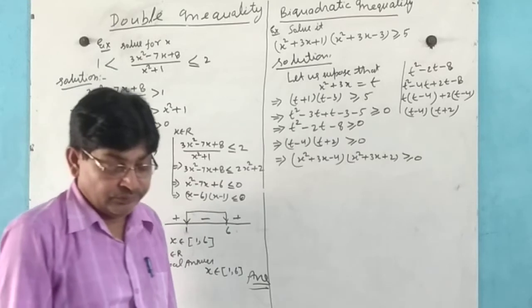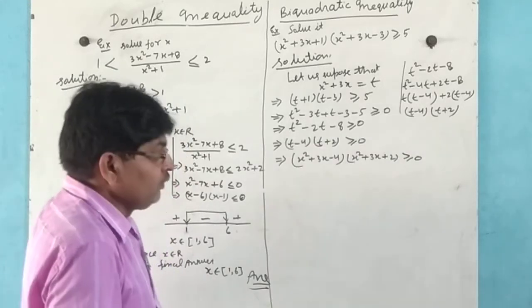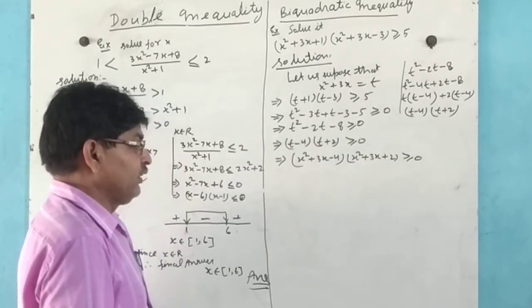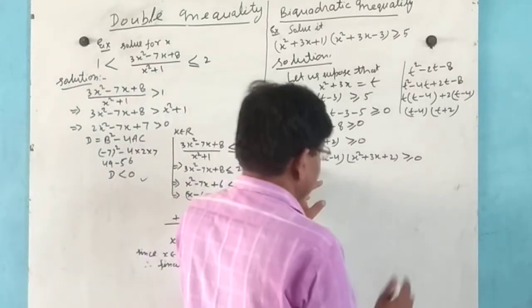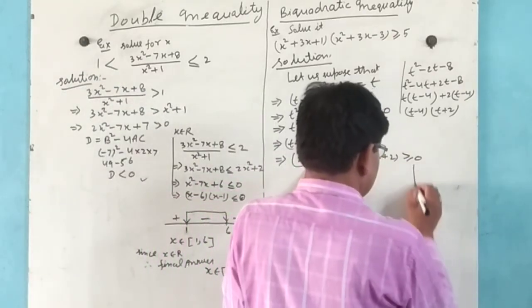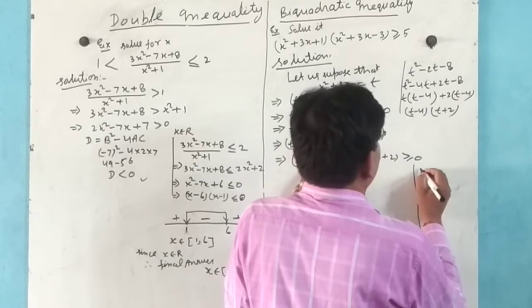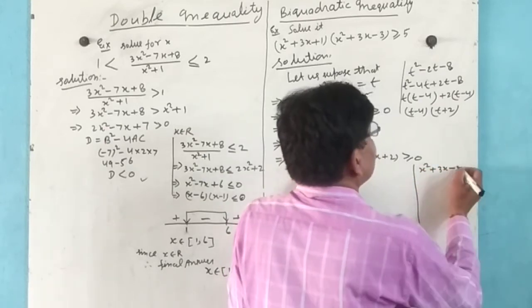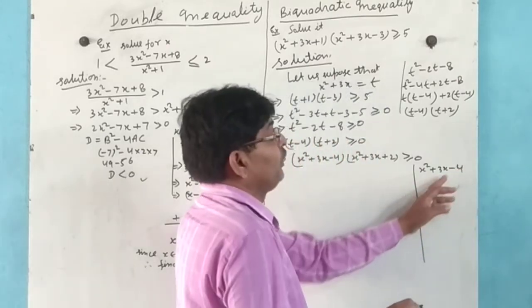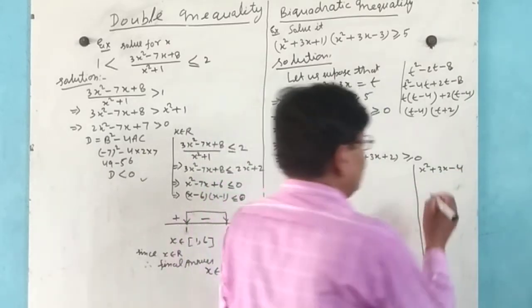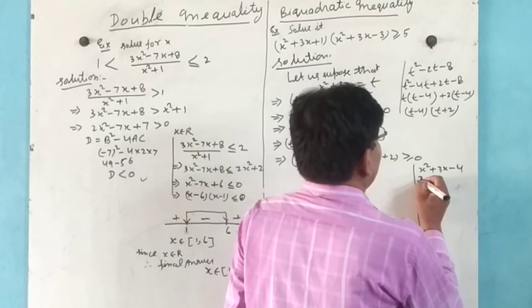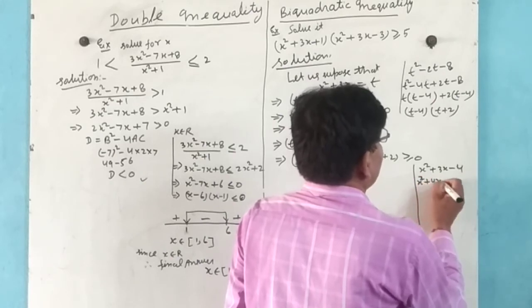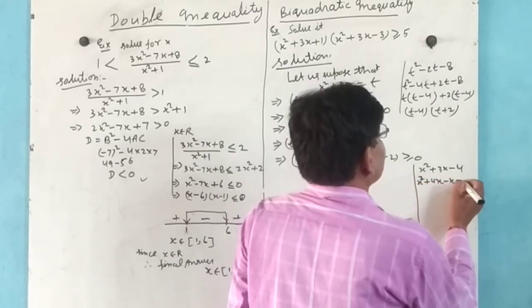Again factorize it. This x square plus 3x minus 4: the factors are 4 and 1, one negative, so 4 minus 1 equals 3. Here x square plus 4x minus x minus 4.